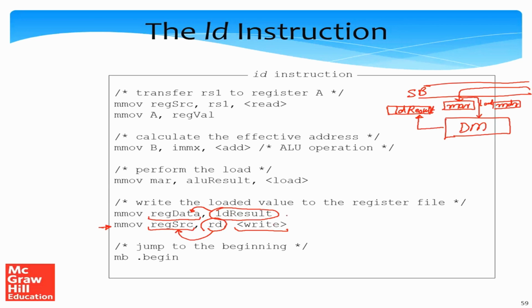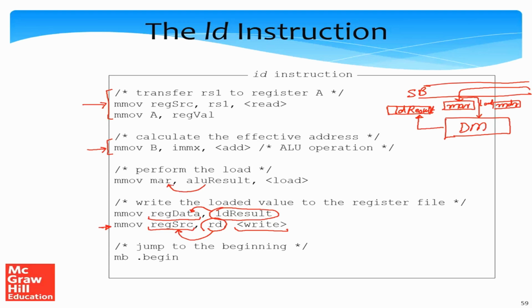Since we have discussed this mechanism a few times before, I'm not going into the details, but to summarize the load operation: we first read the contents of the base register and write it to the ALU. We read the immediate, which is the memory offset, write that to another ALU register, and simultaneously initiate an addition. The addition's result is the memory address.